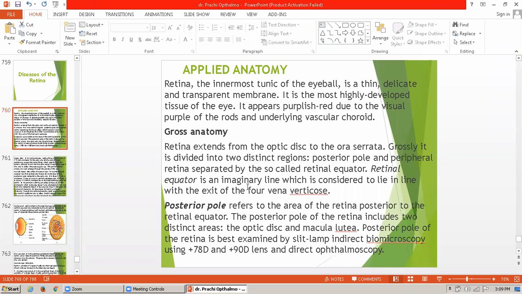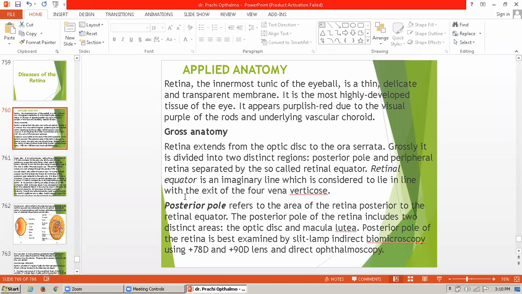Gross anatomy of the retina extends from the optic disc to the ora serrata. Grossly it is divided into two distinct regions, the posterior pole and the peripheral retina, separated by the so-called retinal equator.